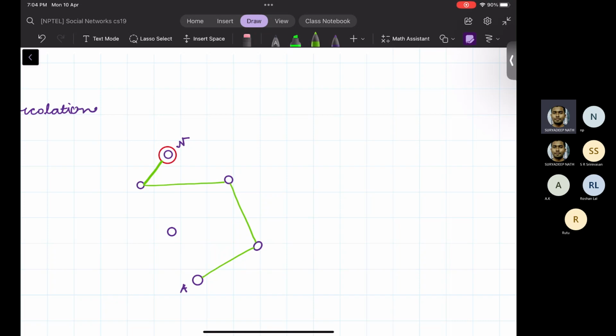But option one will be true always, irrespective of the structure of the network. Option D will never be correct because the edges are closed. Options B and C will be correct in some cases, but option A will be correct always.